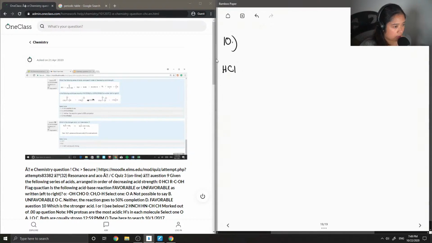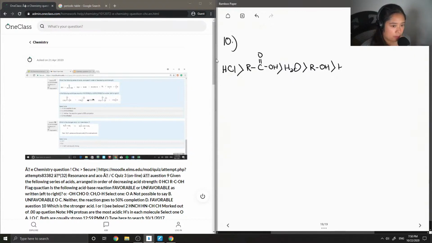So the strongest one is HCl. And then we have a carboxylic acid. And then next is just water. And then next is just your standard ROH.